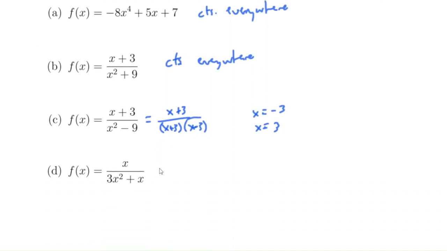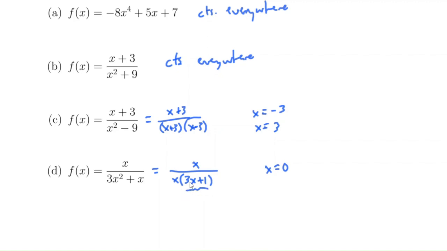Okay, what about the last one here? We have x over 3x squared plus x. Again, we can factor the denominator. We can pull out an x from both of those two terms and write this as x times 3x plus 1. At what values is this discontinuous? Well, notice x equals 0 will make this 0, so certainly x equals 0. Now, what's the value of x that makes the other factor 0?